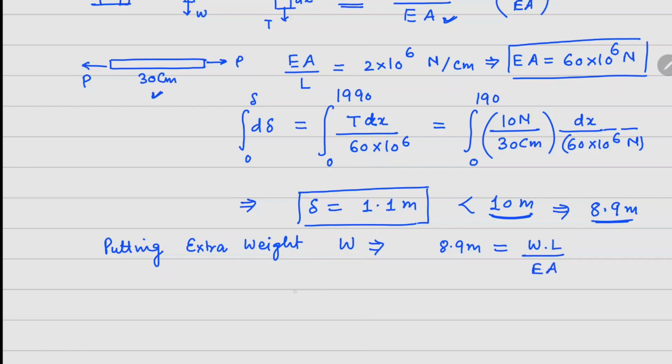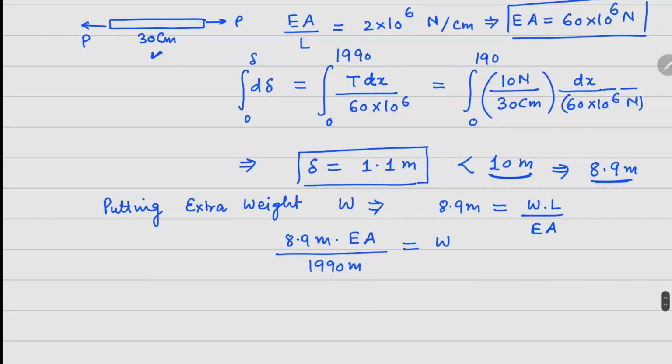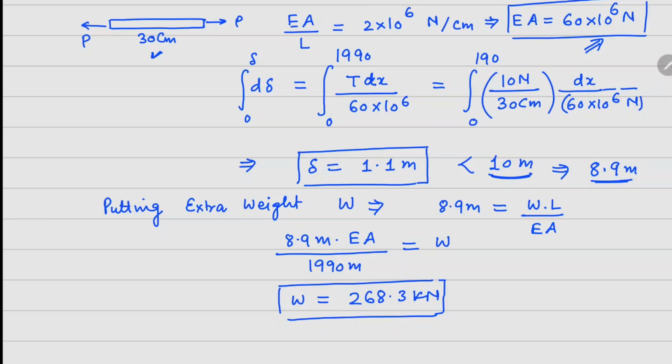L in this case is the total length of the wire. So W equals 8.9 meters times EA divided by L, which is 1990 meters. We already have the value of EA here. If we solve for W, it is 268.3 kilonewtons. So this is the extra weight that we need to hang at the bottom of the rope.